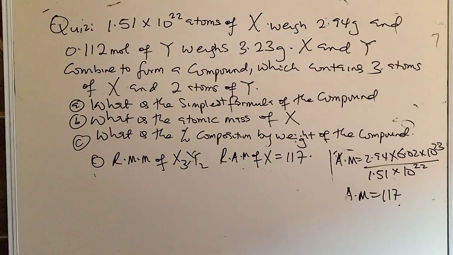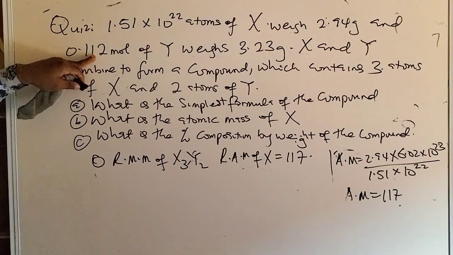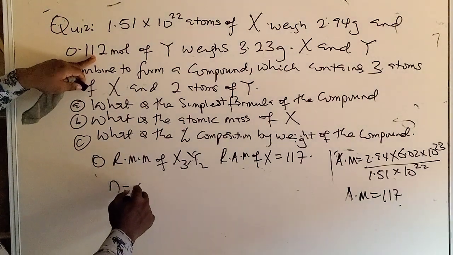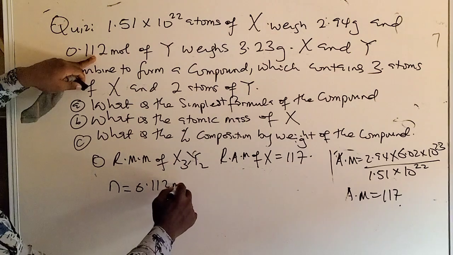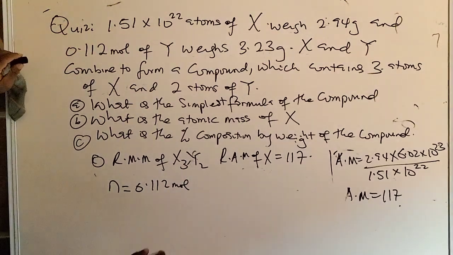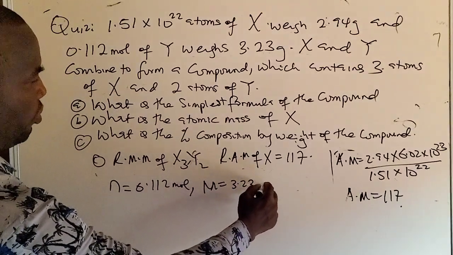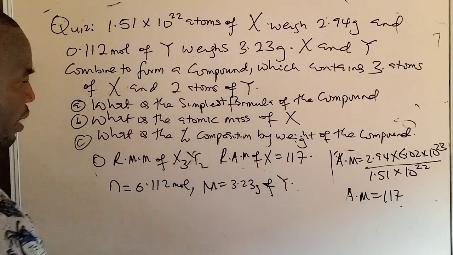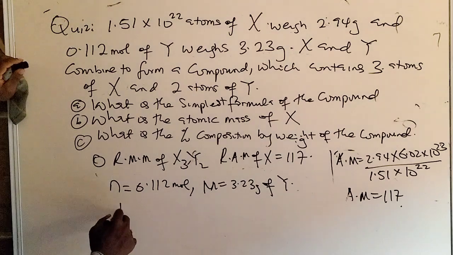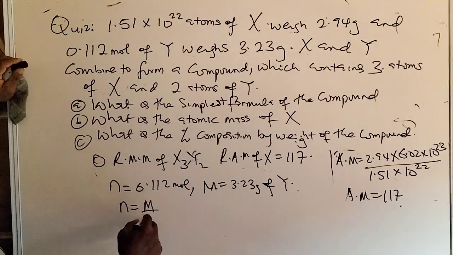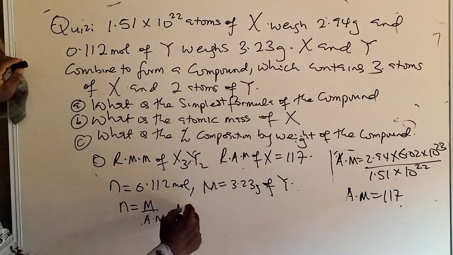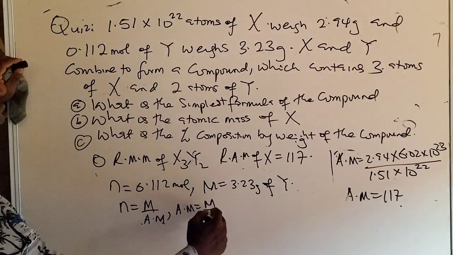So to find out of Y, we go to the information given to us. The number of moles of Y is 0.112 mole of Y, and then the weight of Y or mass of Y is 3.23 grams of Y. So let's find the atomic mass of Y. Remember, the number of moles is mass over atomic mass. Make this the subject. The atomic mass becomes mass over mole.